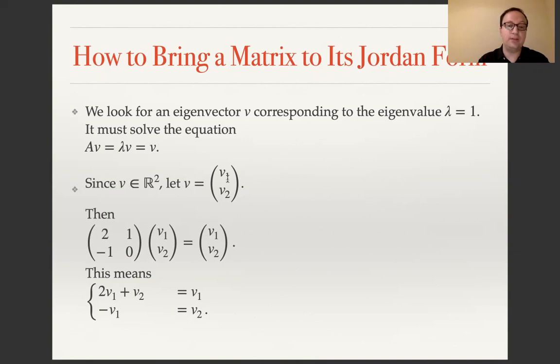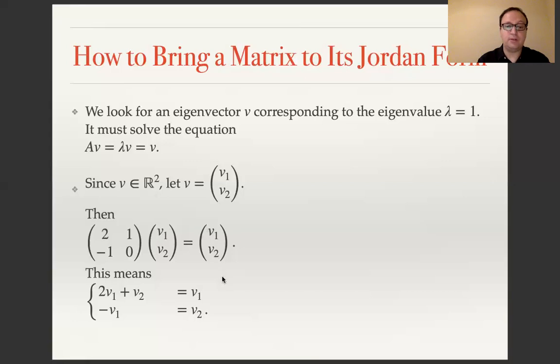So let V have the two components V1 and V2. Then we write the eigenvector equation. So the matrix, which is 2, 1, minus 1, 0, applies to the vector with components V1, V2 is equal to the vector with components V1, V2.